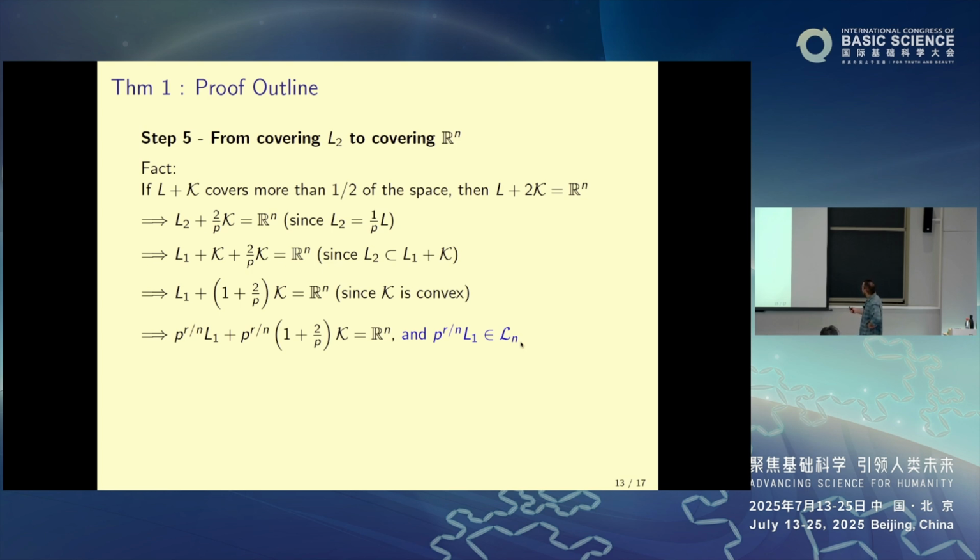So if I take this equation and divide it by P, then L divided by P is just L2. And what I get is that L2, the red lattice, plus 2 over P times K covers Rn.